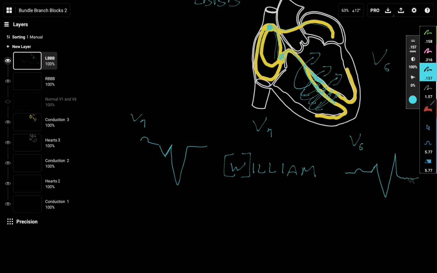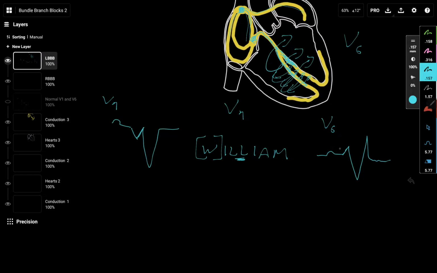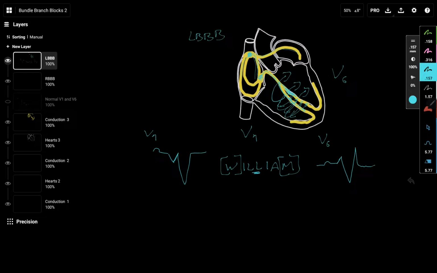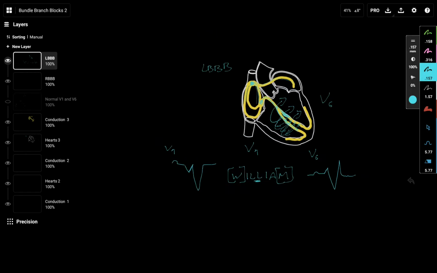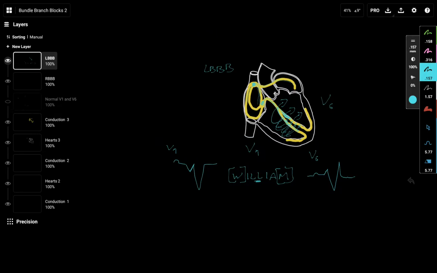That reminds you of a W, for left. And in V6 you've got positive, negative, positive, negative this way, and it will remind you of the letter M. Also, another way to remember is that V1 will still have a big negative deflection, so you can use a steering wheel method if you want.